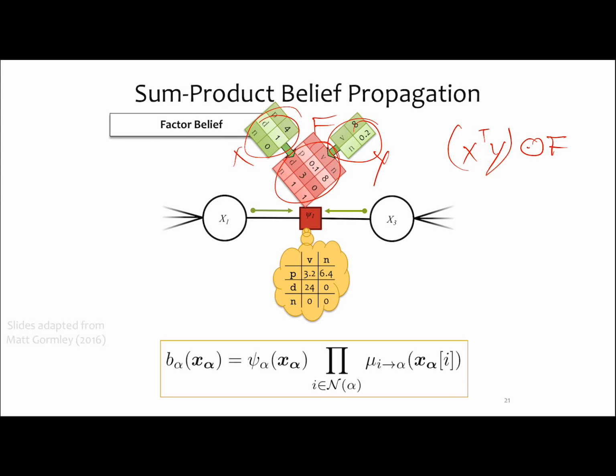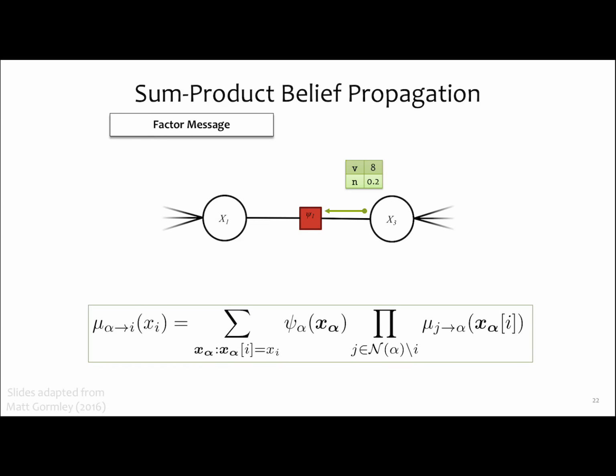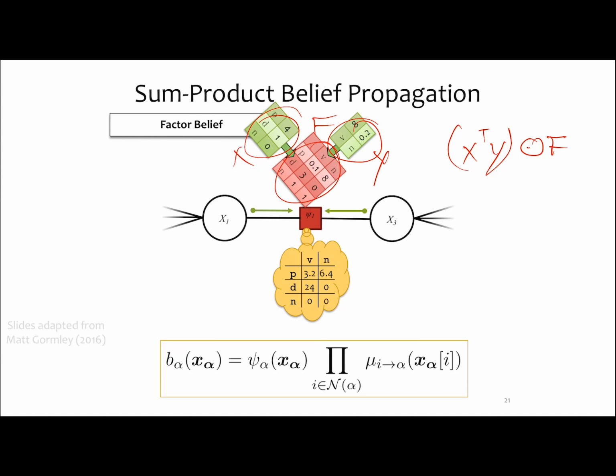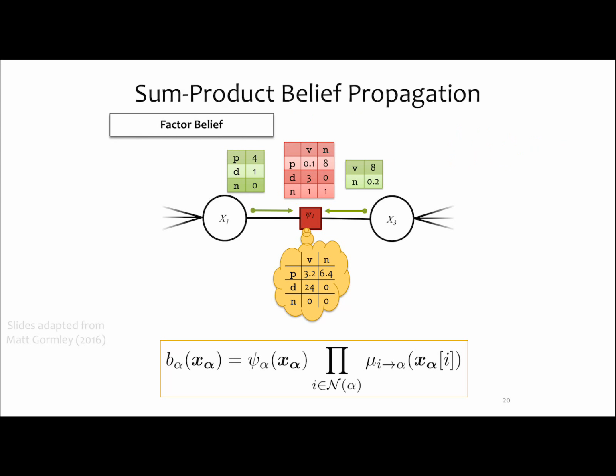Now, how does the message go from a factor? Yes? The previous slide, the output table doesn't seem like an outer product. The yellow one does, but I don't know what the red one is. So the red one is the factor, right? It's the same thing that I showed in the previous slide, just rotated.